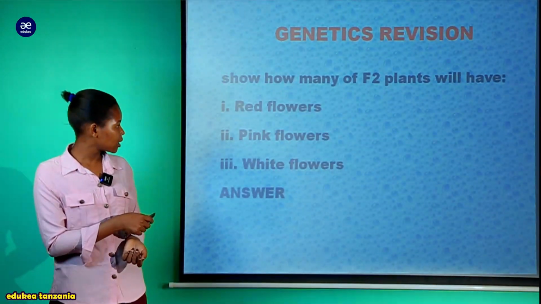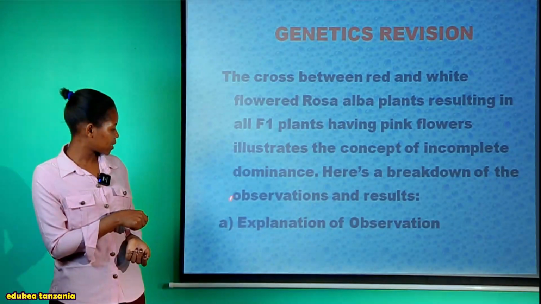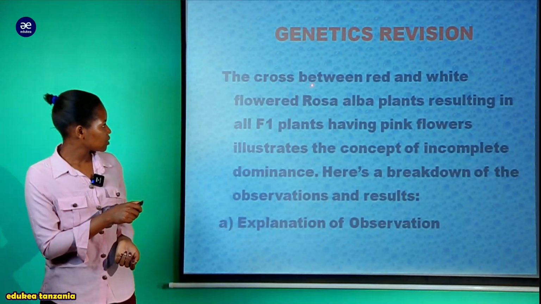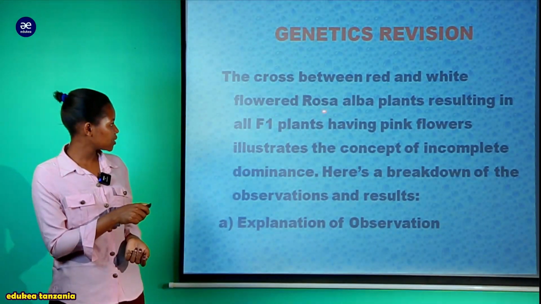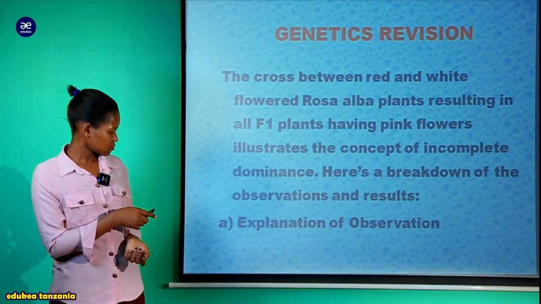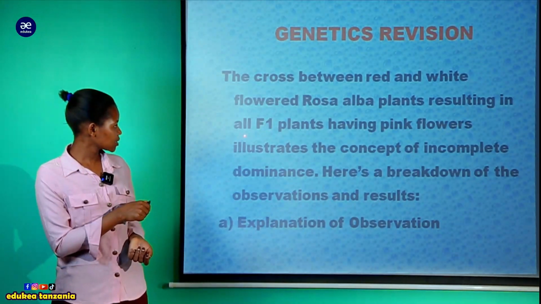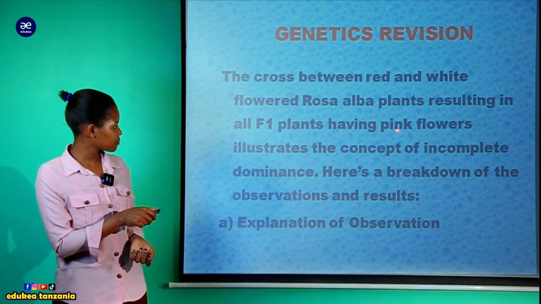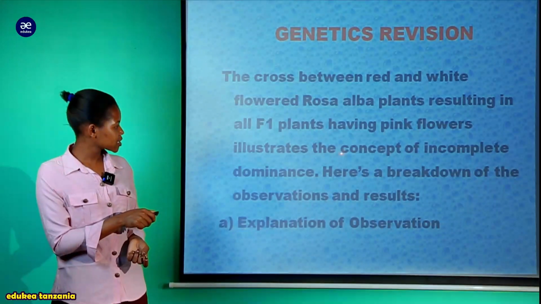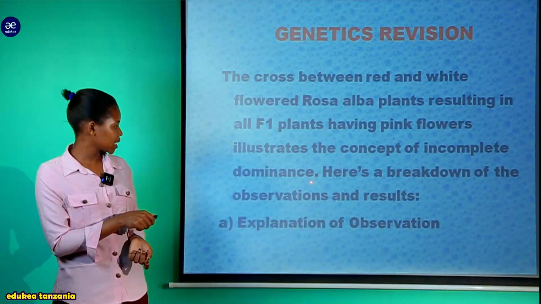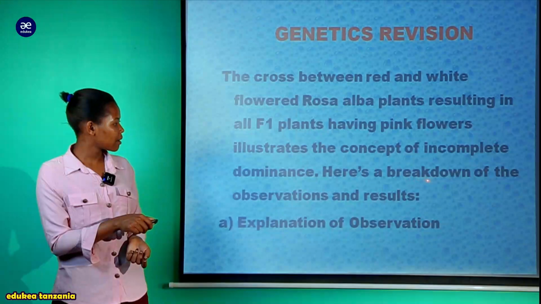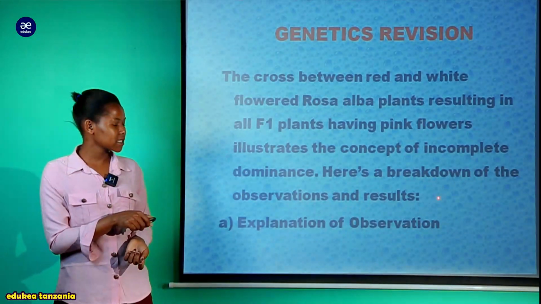And then let's take a look at part A. The cross between red and white flowered Rosa alba plantis resulting in all F1 plantis having pinky flowers illustrates the concept of incomplete dominance, and here is a breakdown of the observations and the results.